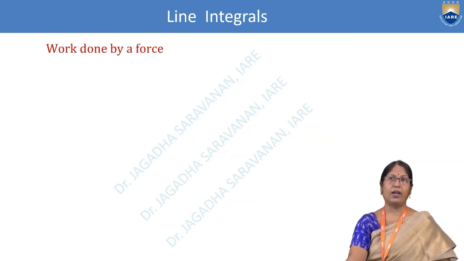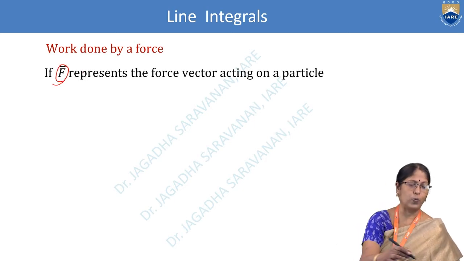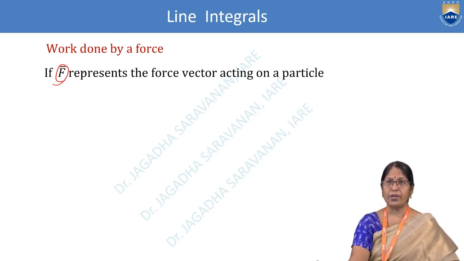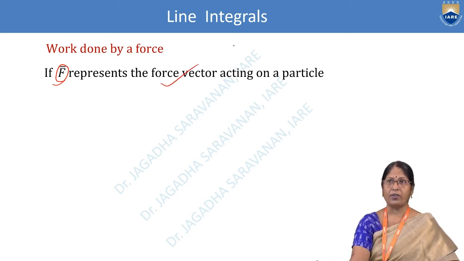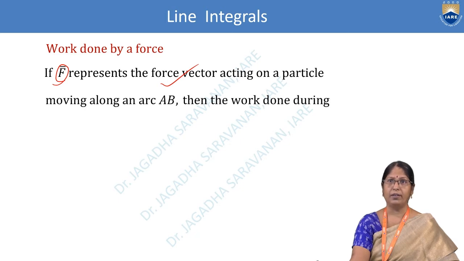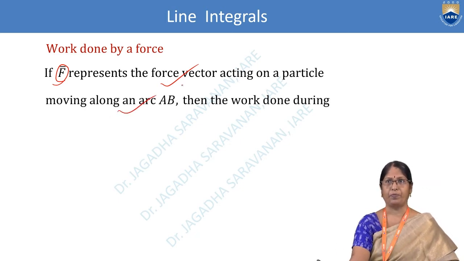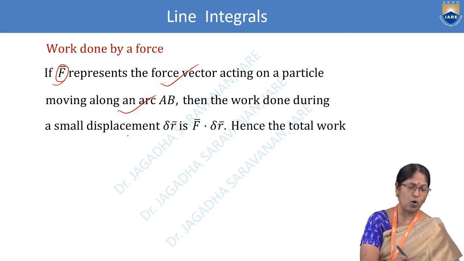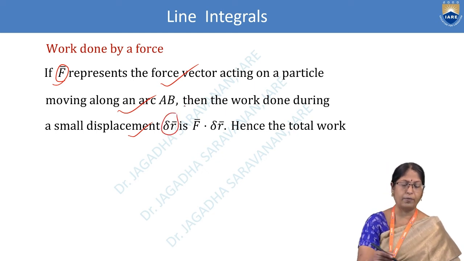Now, work done by a force. If this vector F represents the force vector acting on a particle moving along an arc AB, then consider the work done during the small displacement, that is del r.